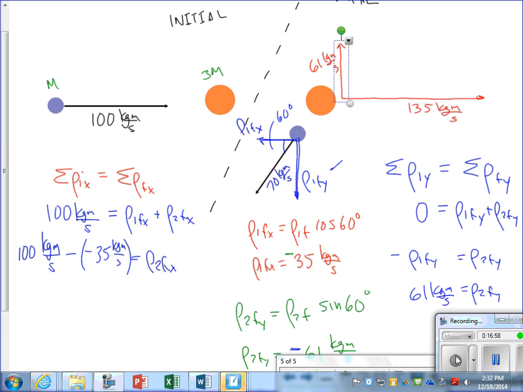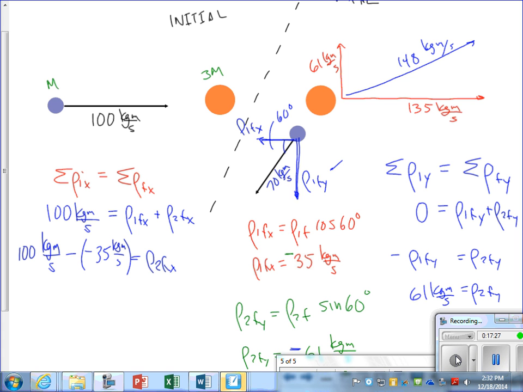Now that we know these two components of that object's final momentum, we could Pythagorean theorem them to death and find that total final momentum. I'll just do it. 135 squared plus 61 squared, square root of that, equals 148.